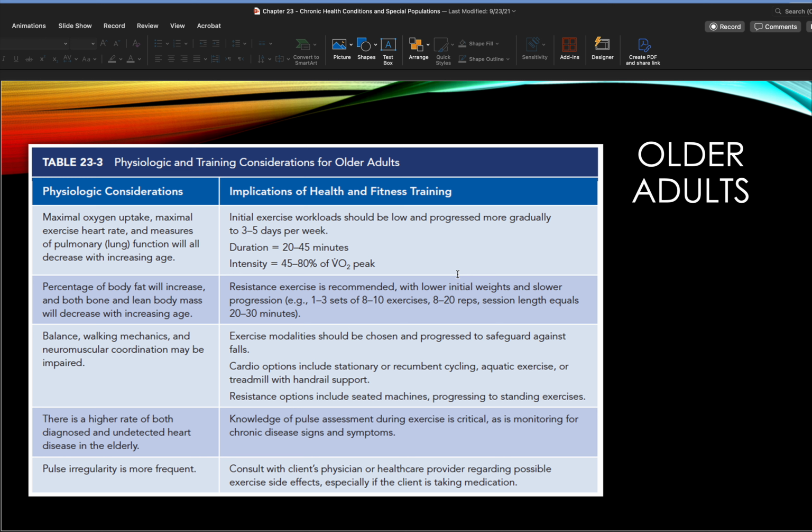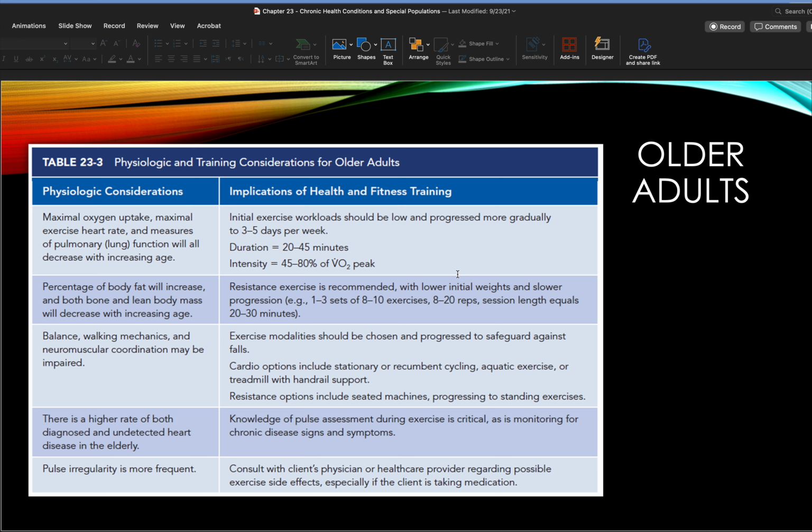Okay. The one thing I will say to be careful of is that bottom one, pulse irregularity. And so if that's the case, if you have any sort of heart conditions, or blood pressure conditions, or even any joint pain or dysfunction that needs to be addressed, make sure that you're getting your, and I think this came in previous chapters, but earlier on in your assessment stuff, get doctor approval.